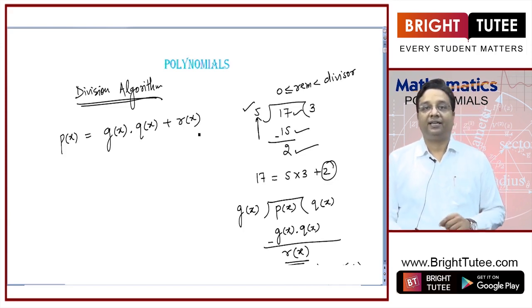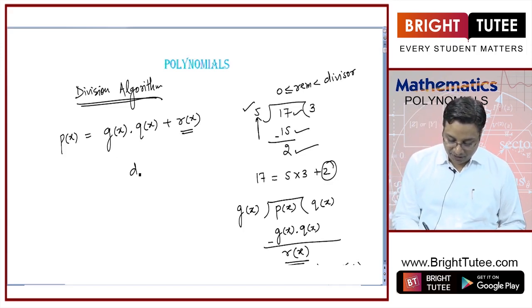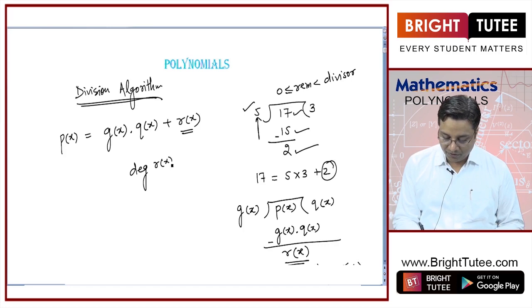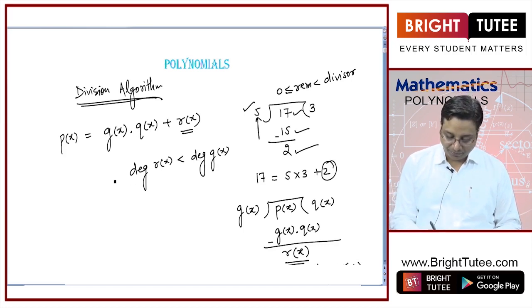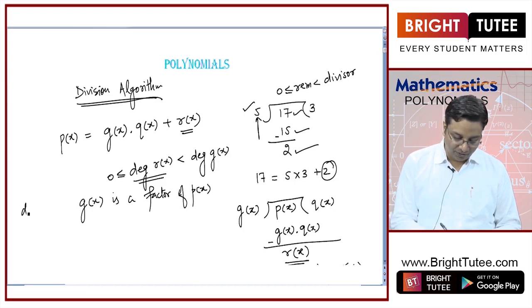Now, we need to take care that in the case of polynomials, the degree of the remainder is always lesser than the degree of the divisor, and it can be equal to 0. When will it be equal to 0? When g(x) is a factor of p(x).